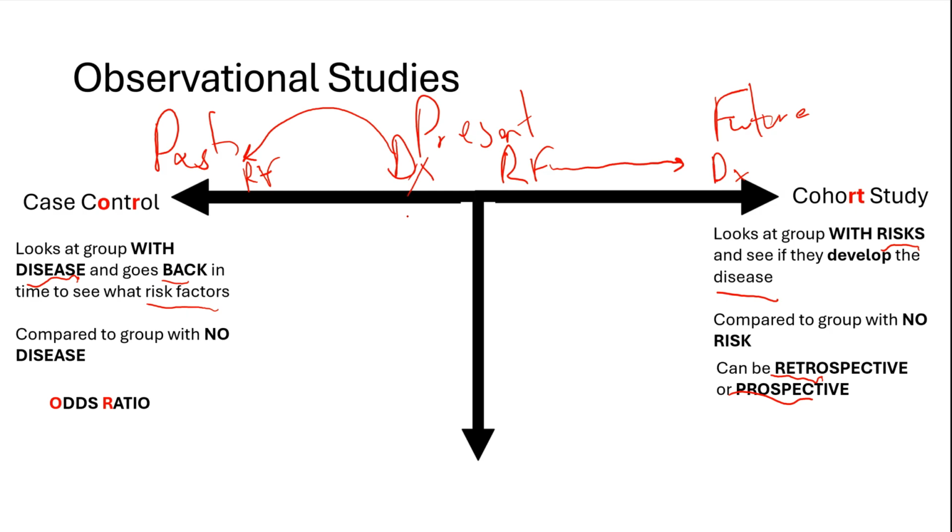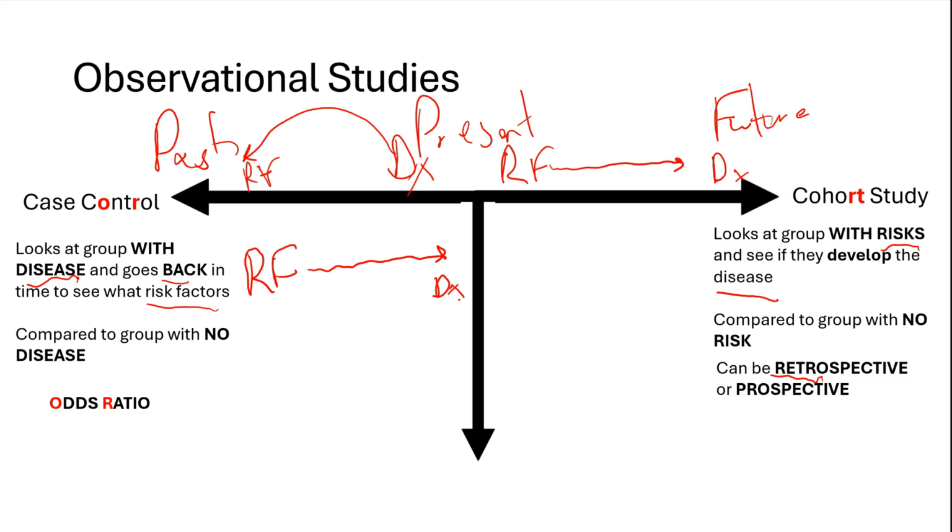Retrospective cohort studies, on the other hand, start in the past. They look at risk factors, they follow them up into the present, and they see if they develop the disease. The difference is what you start with. Case control studies, I'll emphasize again, begin with the disease. Cohort studies or retrospective cohort studies, you begin with risk factors. And that's a big takeaway point.